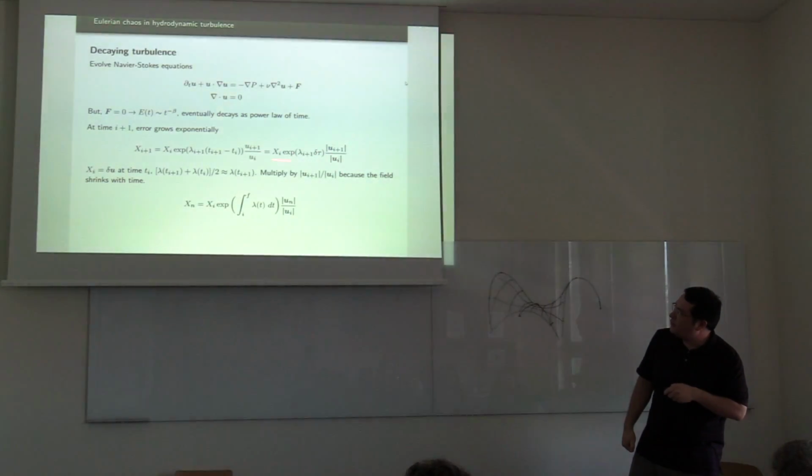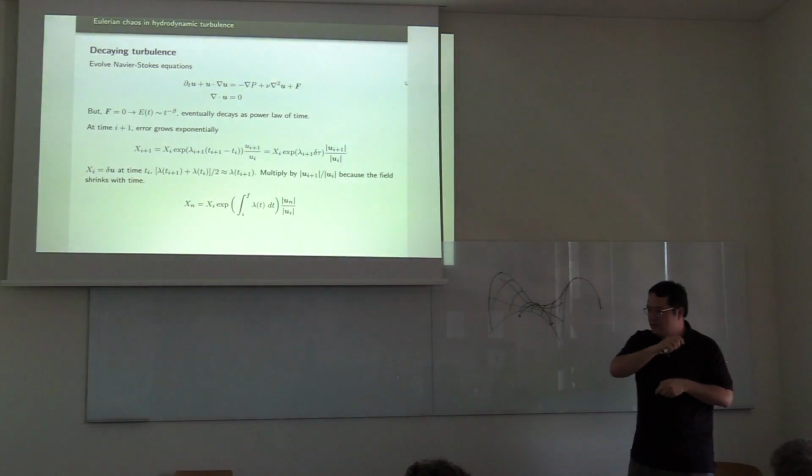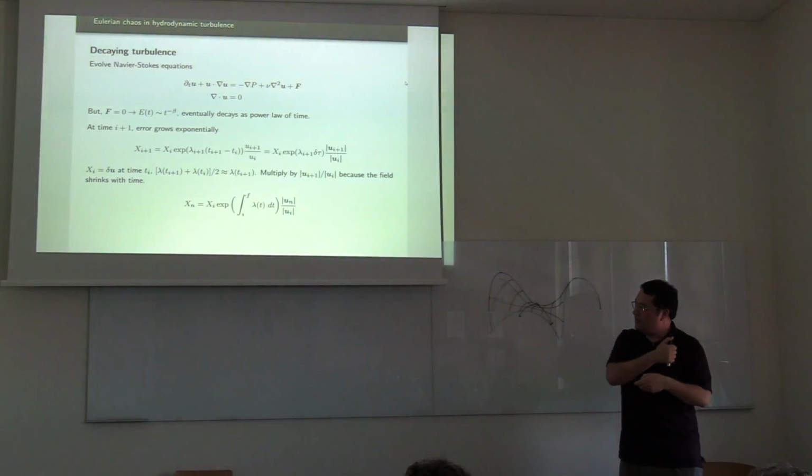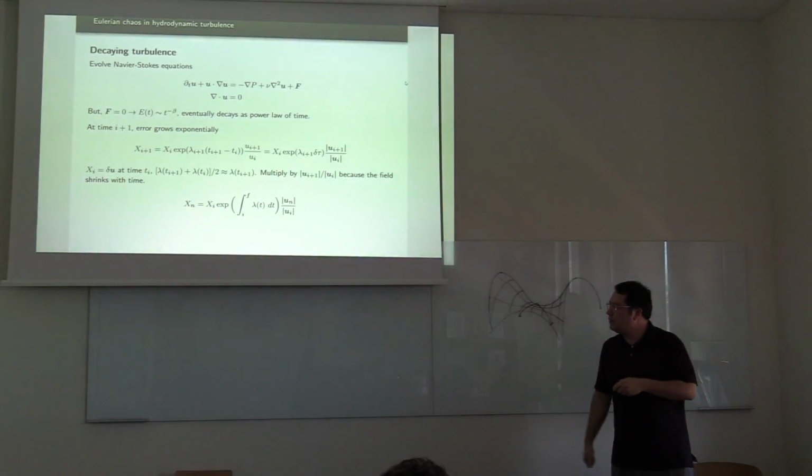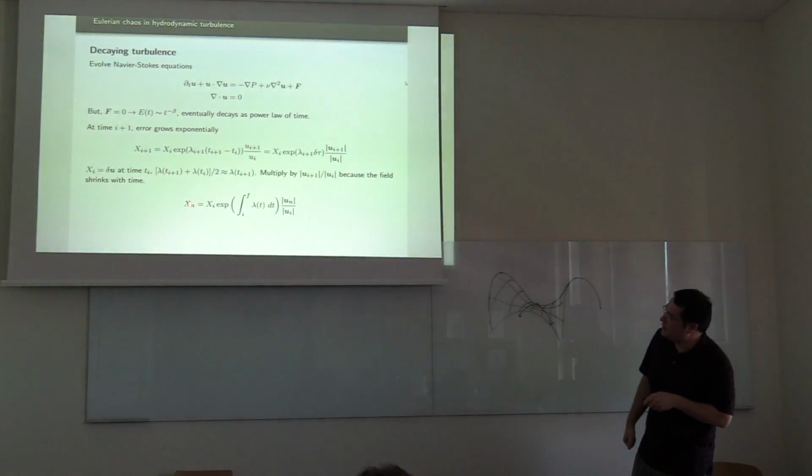So this is for one infinitesimal time step, and if you expand this so that it goes from time 0, the initial time, to n, the final time, we will predict that an error should grow like this.